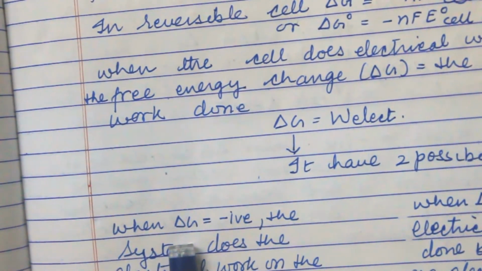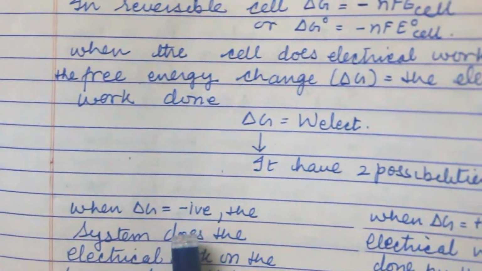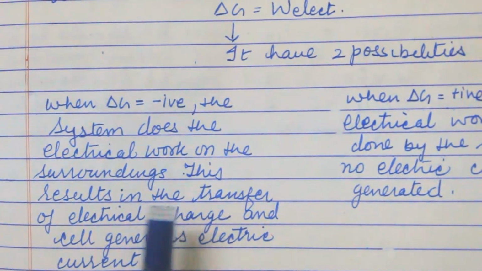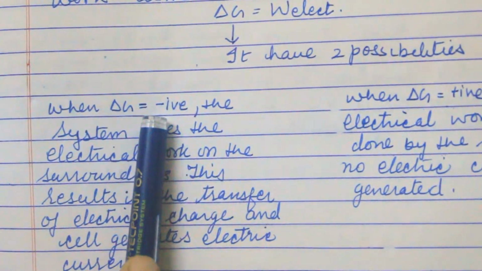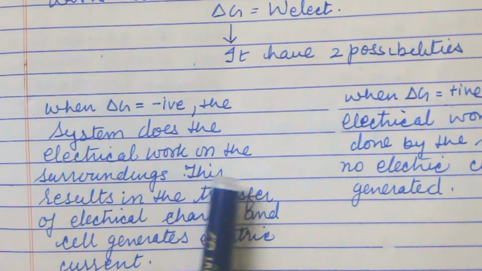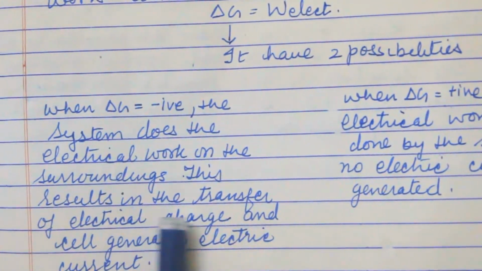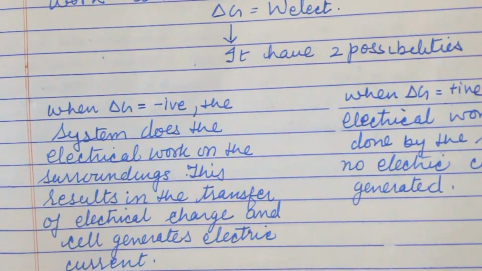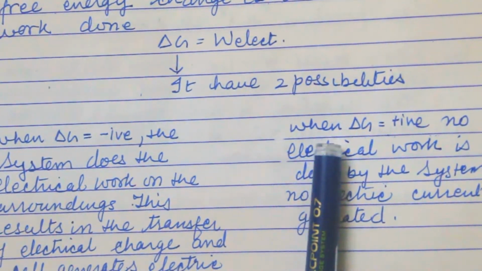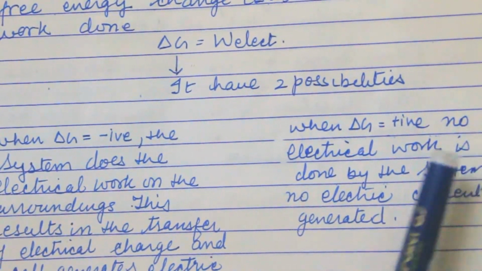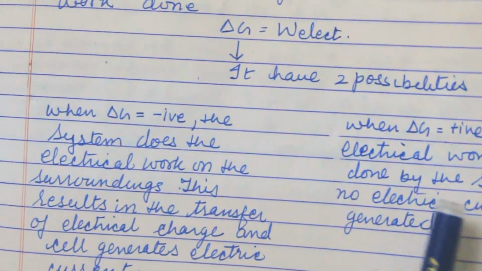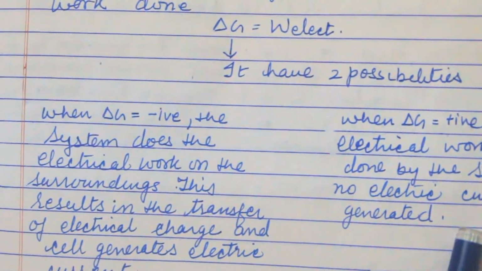In one, when delta G is negative, the system does electrical work on the surroundings. This results in the transfer of electrical charge and the cell generates electric current. In the second, when delta G is positive, no electrical work is done by the system and no electric current is generated.